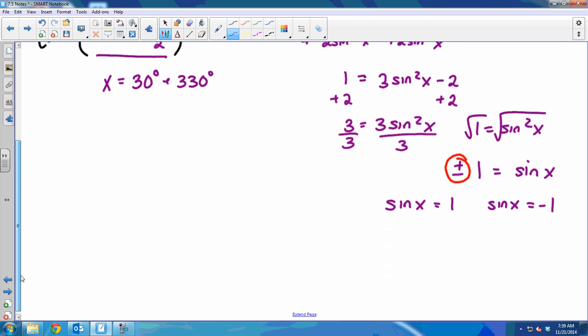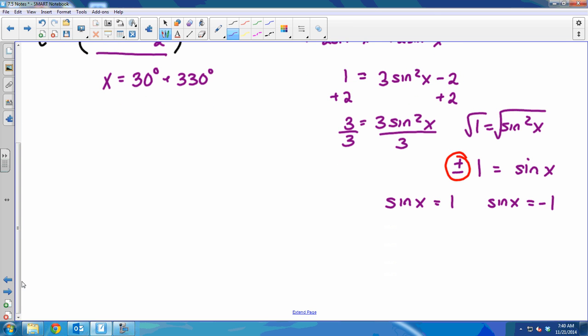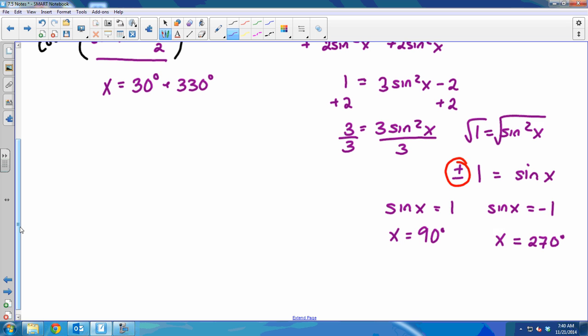So in the same process, we're going to take the unit circle and look for both of these values. So we have 2 equations to solve. So sine x equals 1 at 90 degrees, and sine x equals negative 1 at 270 degrees. So same process, we're just solving an equation. Just remember when you take a square root, you can have a positive or negative version of that number.